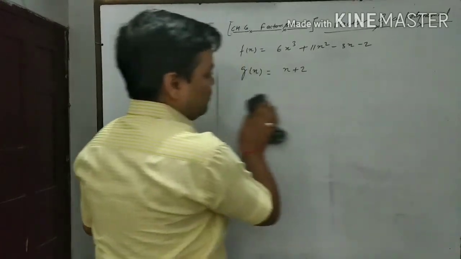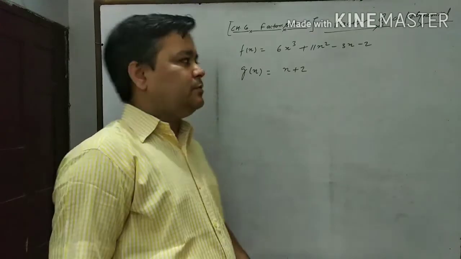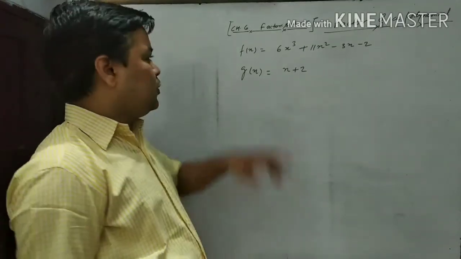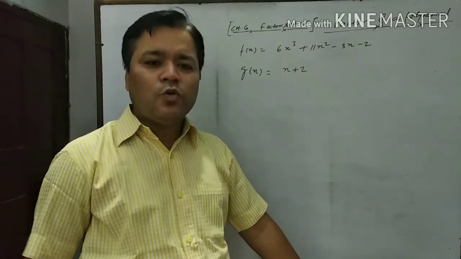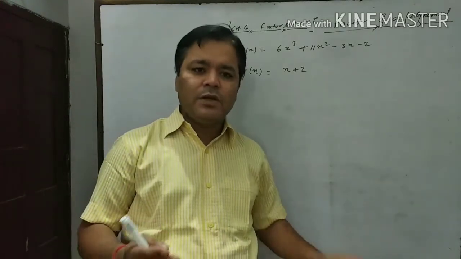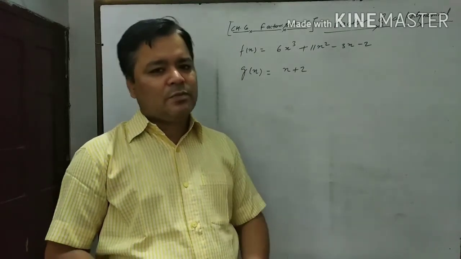Before starting the topic factor of the polynomial, let us see the division of a polynomial f(x) by another polynomial, because without knowing the division of a polynomial by another polynomial, we cannot continue the rest of the topic.